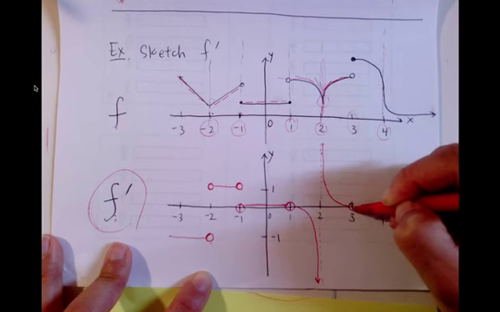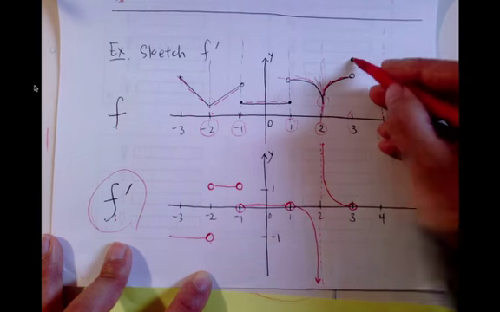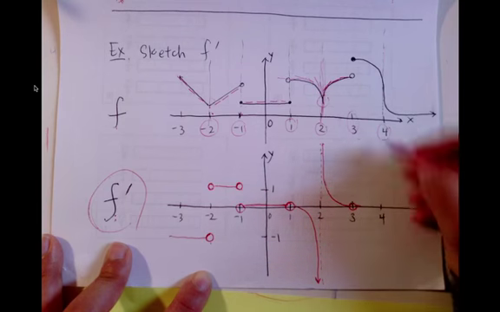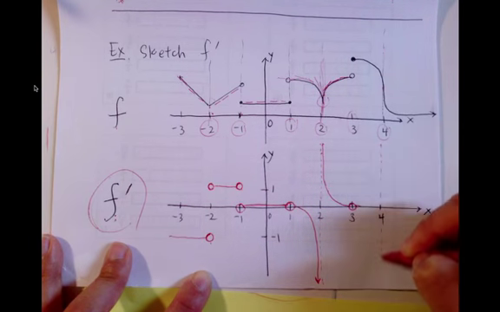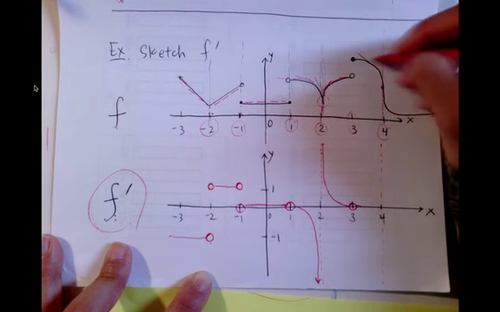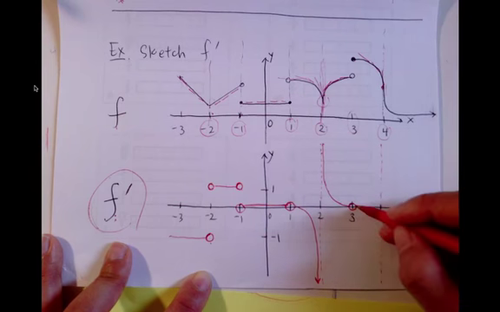Again, my derivative is not defined at 3, so I have an open circle. It looks like it's about 0 to the right of this point, and near the vertical tangent, the tangent lines appear to get increasingly steep, but in a negative direction.